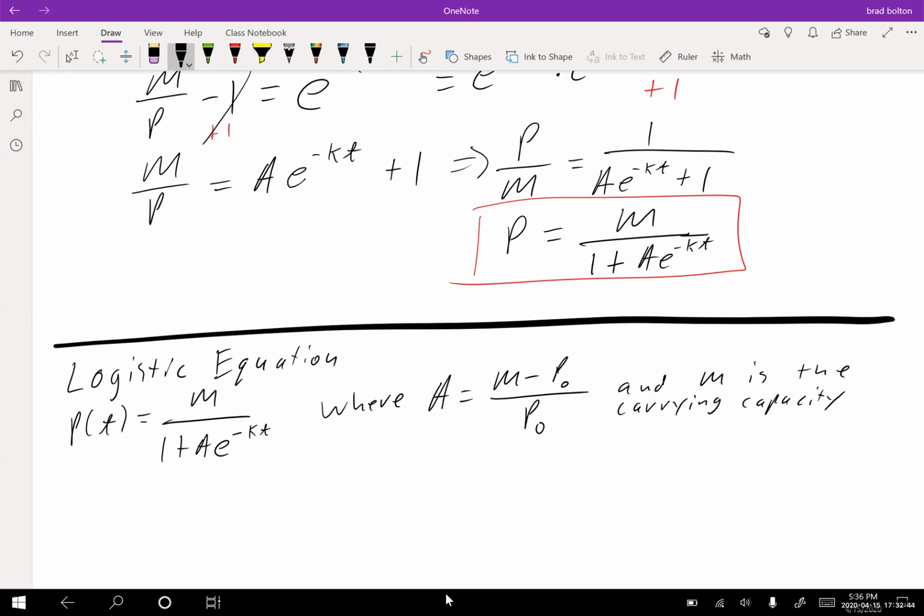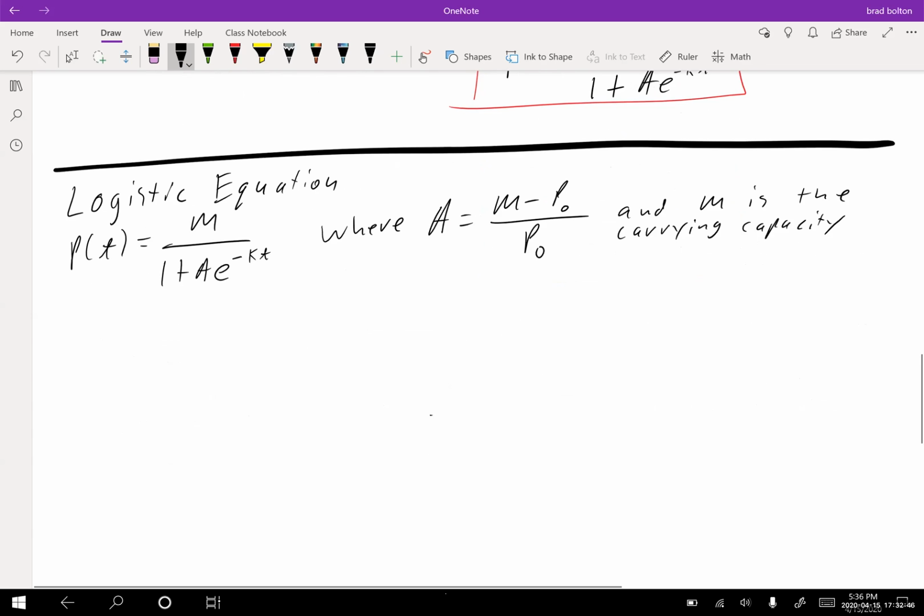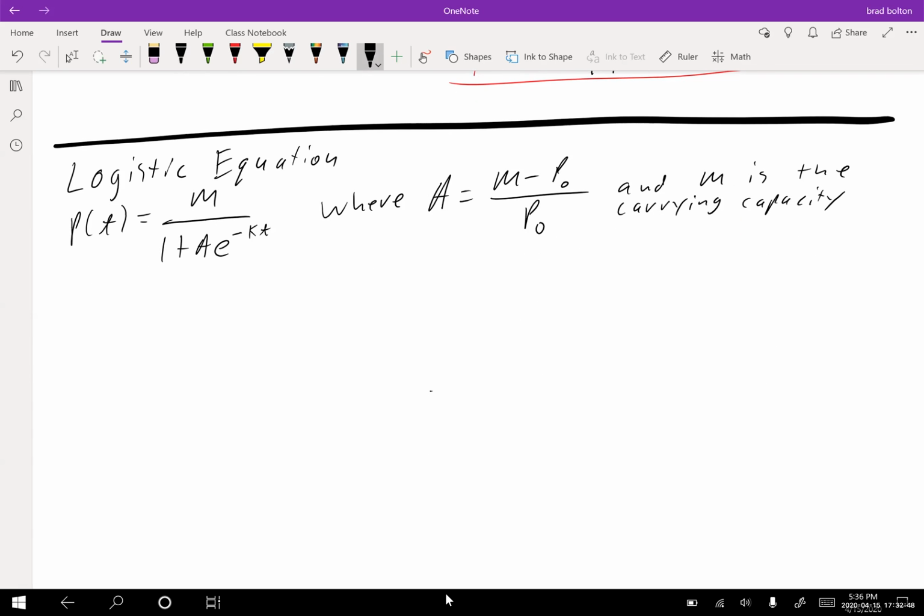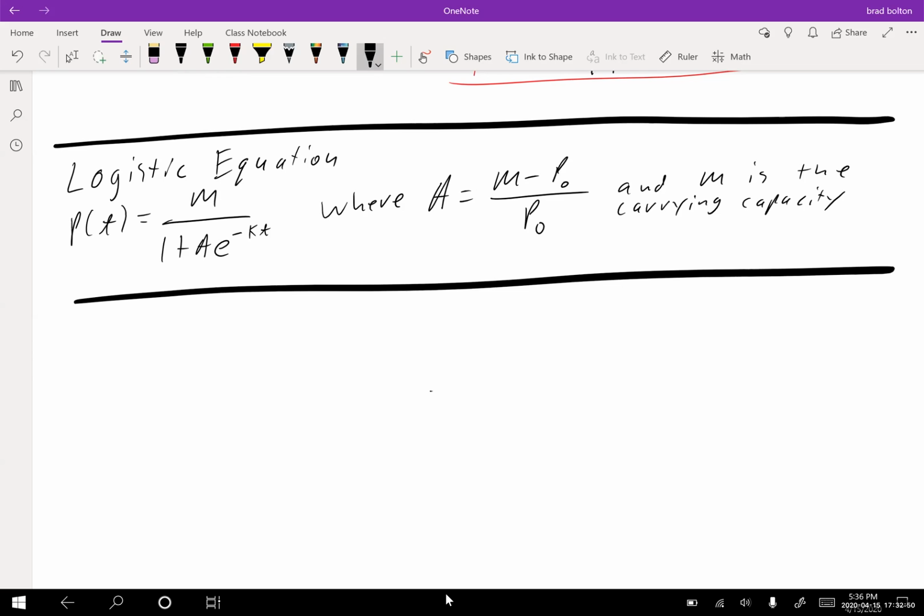In general, you'll normally have to find K from the problem that you're given. Okay, so that is the logistic model.